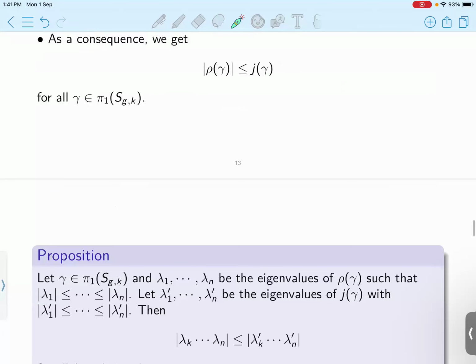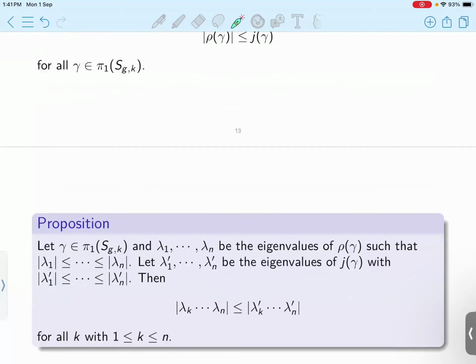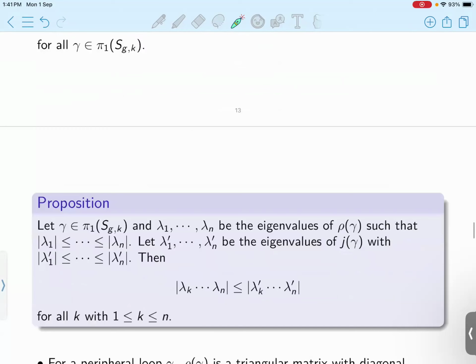Also, as a consequence, let lambda_1, lambda_2, ..., lambda_n be the eigenvalues of rho(gamma) in increasing order of their modulus, and let lambda_1', up to lambda_n', be the eigenvalues of J(gamma) in increasing order of their modulus.